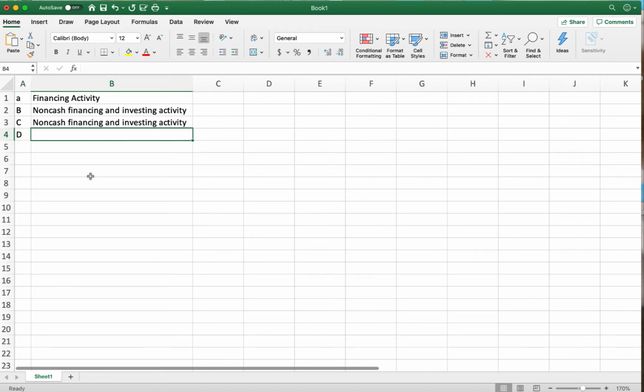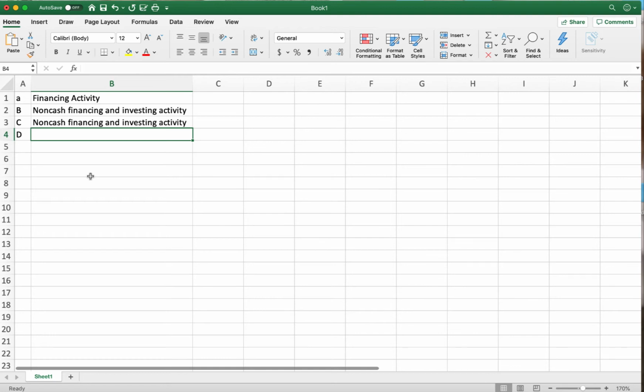Okay, let's look at D. D says declared and paid a cash dividend of $18,000. Well, what does that have to do with? That has to do with the long-term debt and equity section of the statement of cash flow.